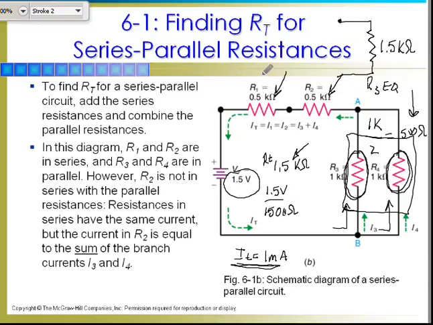So now I know what I've got here. I know what I have flowing into point B and flowing out of point A, but going through the actual resistors, you'll recall last week I called a parallel circuit a current divider, and that's exactly what it's going to do.